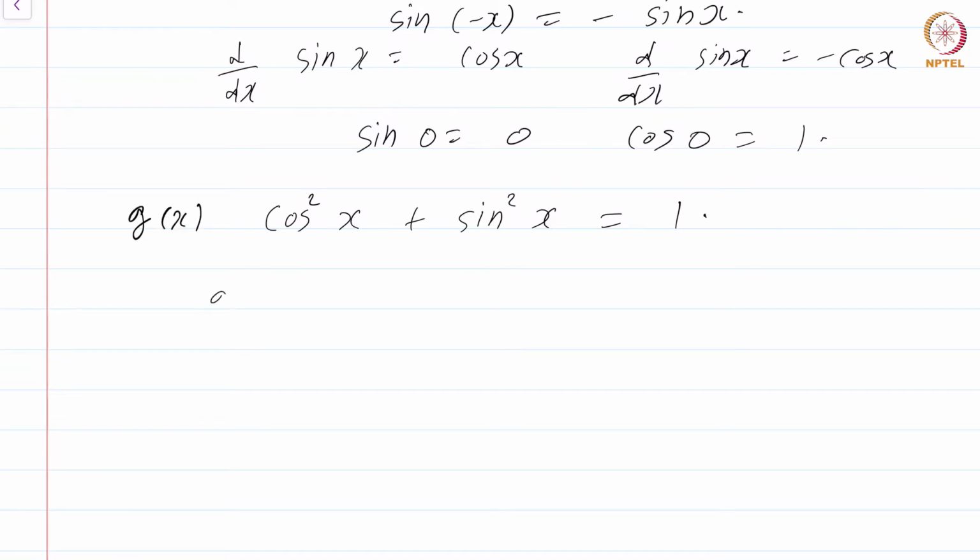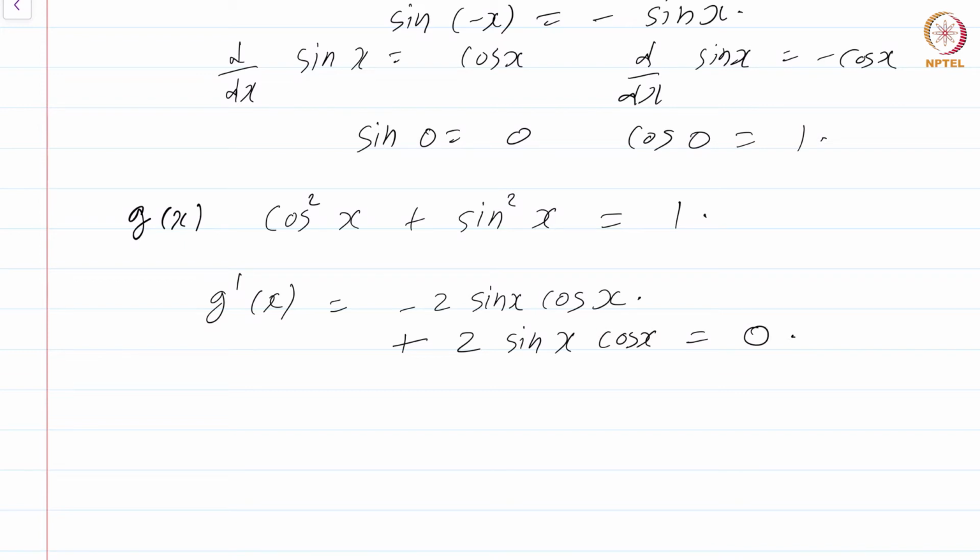we get that g prime of x is, derivative of cos x is minus sine x, so we get minus 2 sine x cos x, plus derivative of sine is cosine, so you get plus 2 sine x cos x, which is 0.